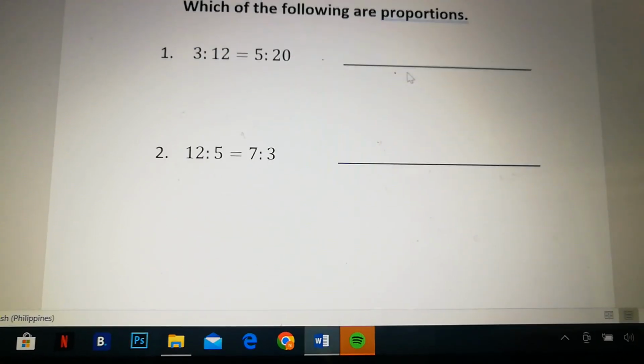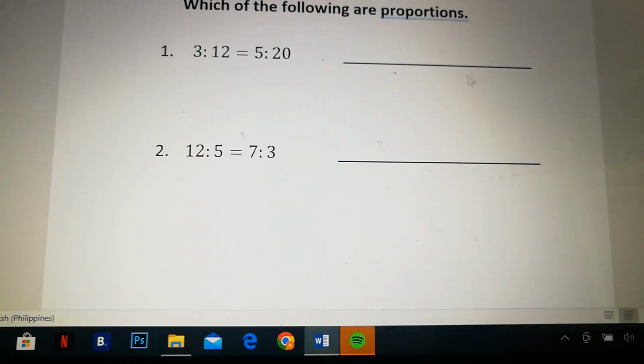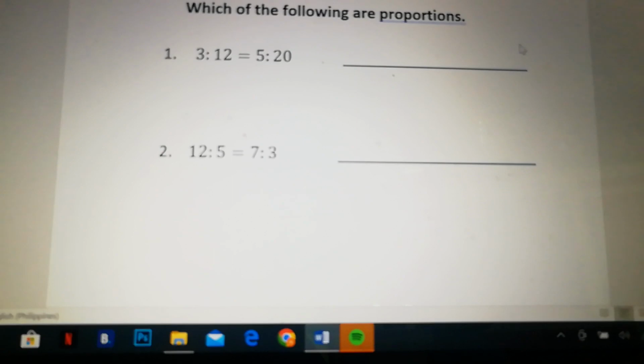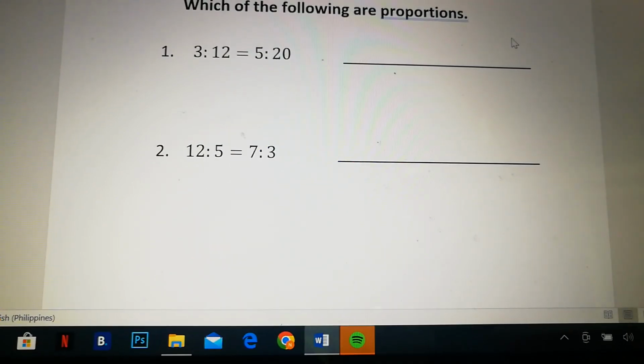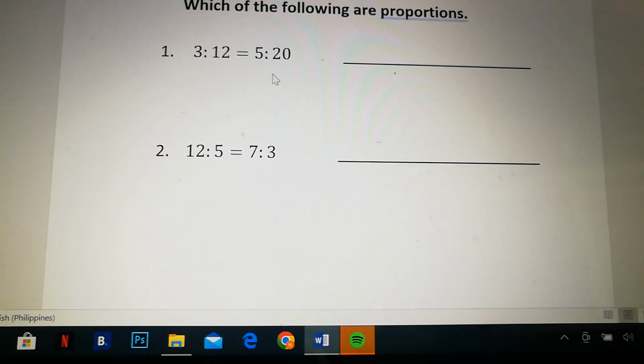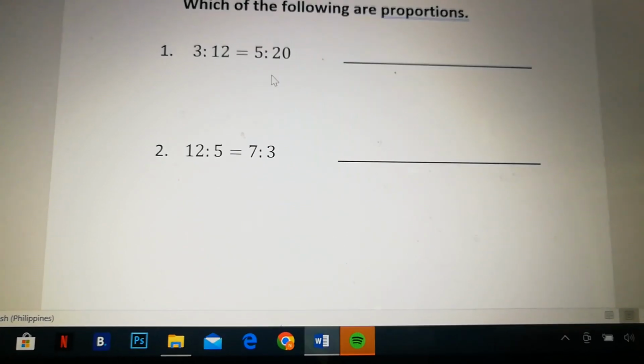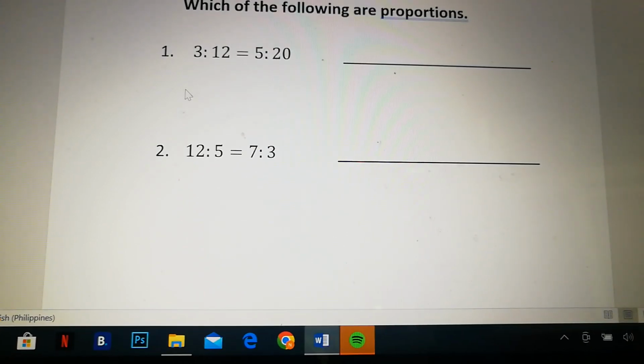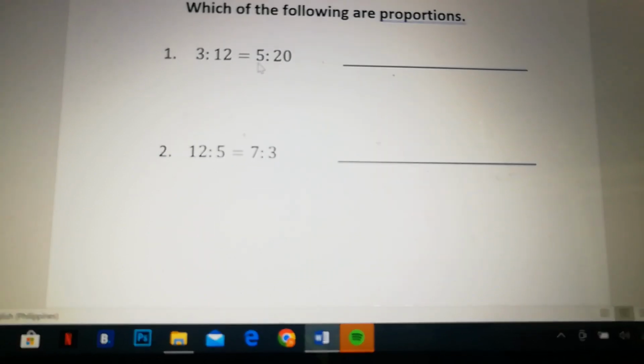Next, which of the following are proportions? When we say proportions, the product of the means is equal to the product of the extremes. So this is equality of two ratio. So if these two ratio are equal, then they form a proportion. Now, the product of the means is equal to the product of the extremes.